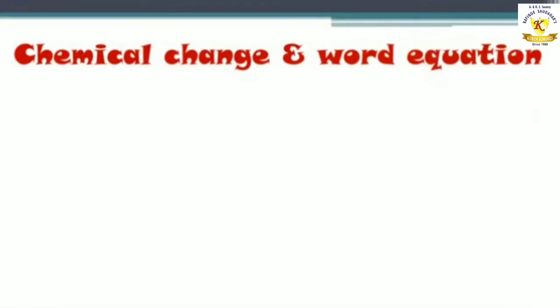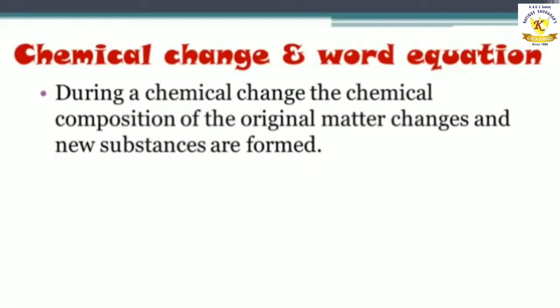Now, chemical change and chemical equation. We will study this chemical change and chemical equation. During a chemical change, the chemical composition of the original matter changes and new substances are formed.